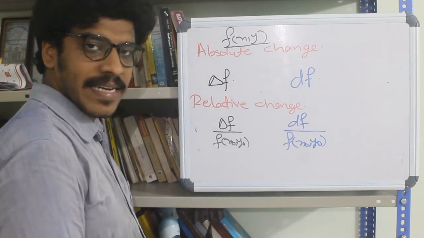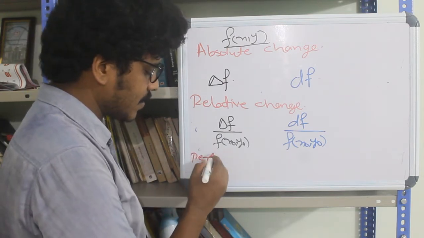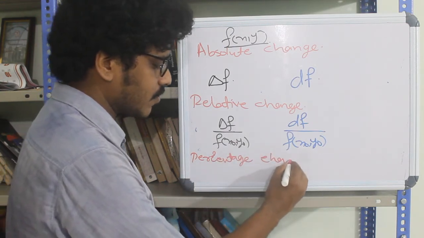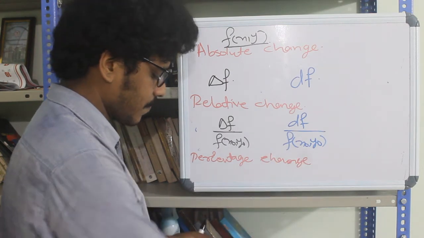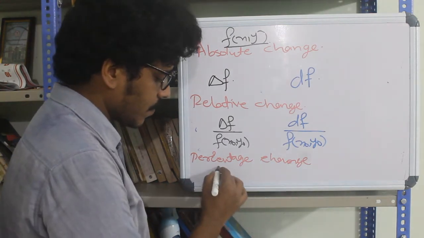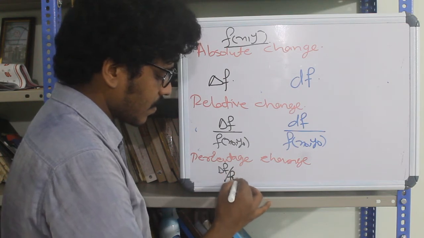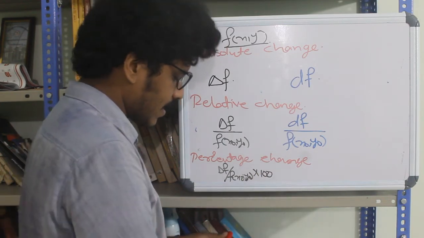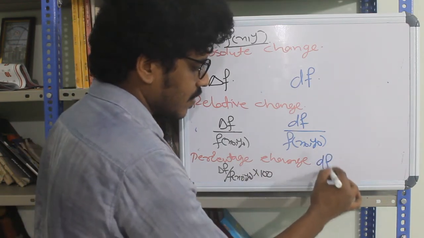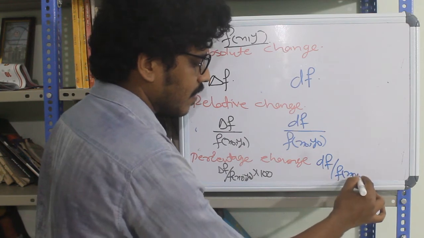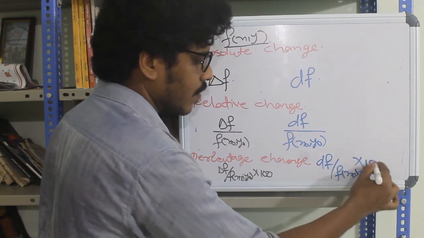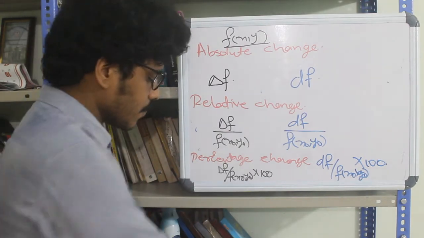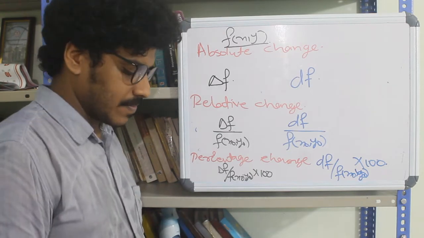Now we have percentage change. This is nothing but the percentage of this, so it will be Δf by f(x₀, y₀) into 100, and can be approximated as df by f(x₀, y₀) into 100. So relative change multiplied by 100 will give you the percentage change.